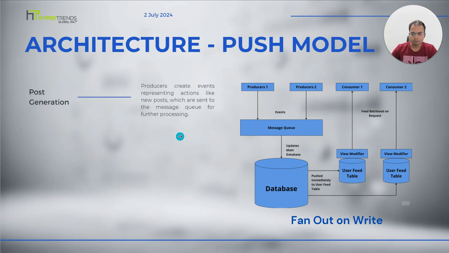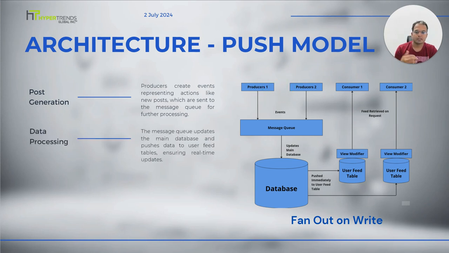So what is the push model? Basically, it has three major components. First is post generation: one system or application which is used for generating a post. Then second is data processing.